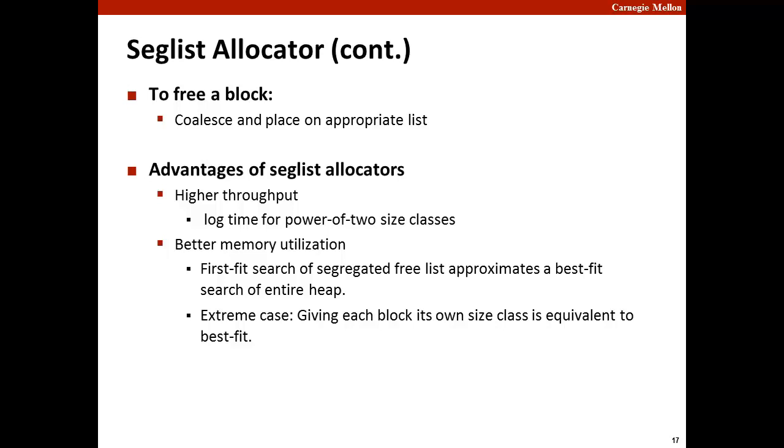Okay. Better memory utilization. That's an interesting one. Why better memory utilization? Well, as it turns out, the two policies that make the most sense in terms of dealing with allocation are first fit and best fit.